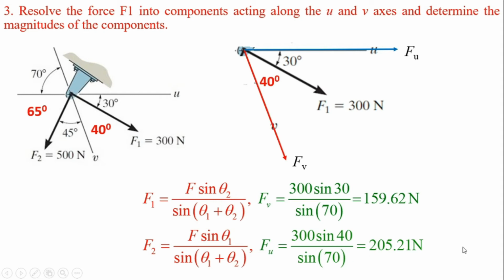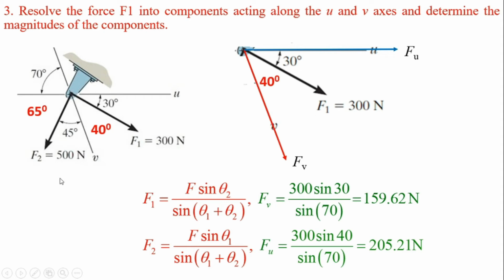So Fu is equal to 205.21 Newton, and in this way force F1 can be resolved along two non-perpendicular directions into two components Fu and Fv. So while finding these components, first calculate all the required angles. Here we have calculated these two angles and then we have decided whether the problem is related to skew resolution or not. In this way F1 can be resolved.